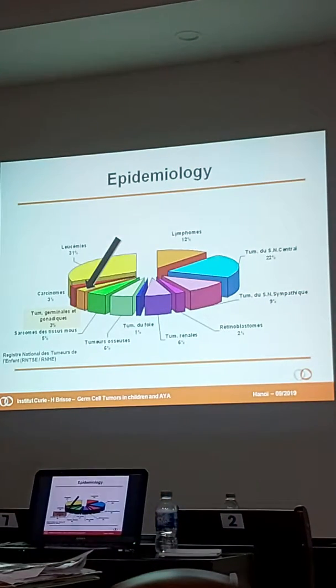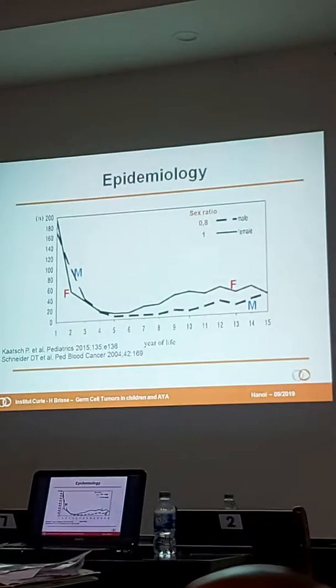Okay, I already showed you this diagram, and just to remember that germ cell tumor represents only 2% of the pediatric malignancy, so it's a small amount of cases, but it's a specific disease, so it's interesting to focus on.